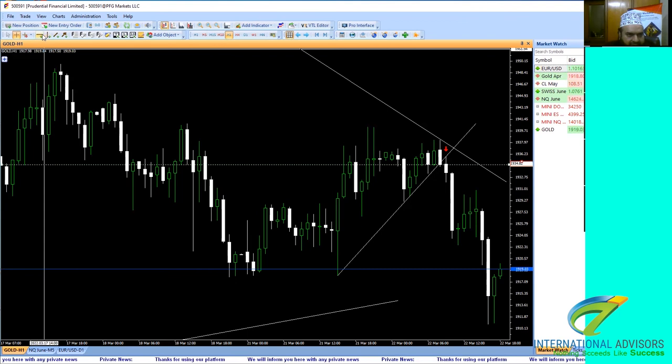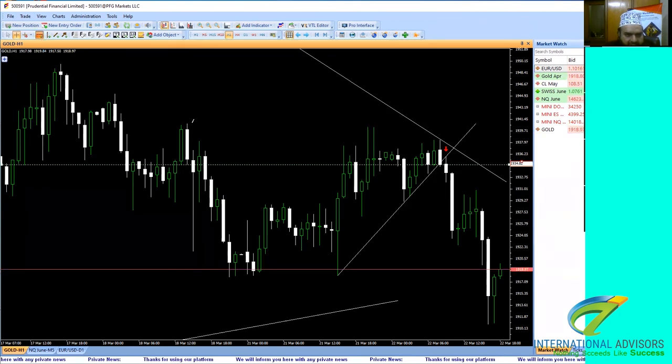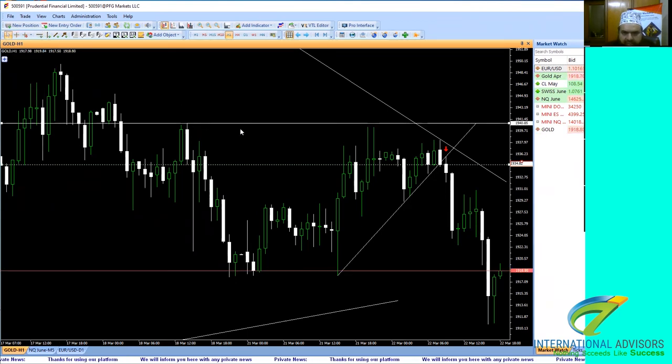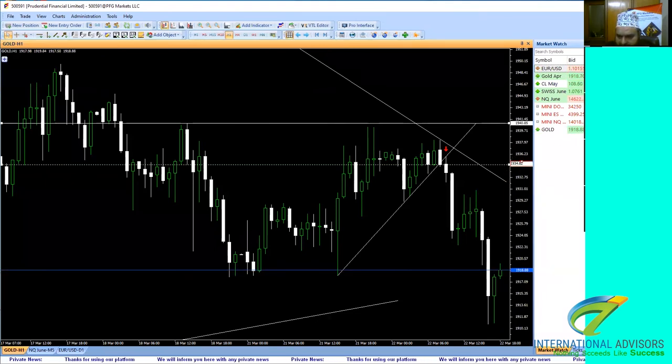So let's make a line here at this point. So our stop should be above this line for this trade if we sell it here at 34. So this is the opening price, 34.